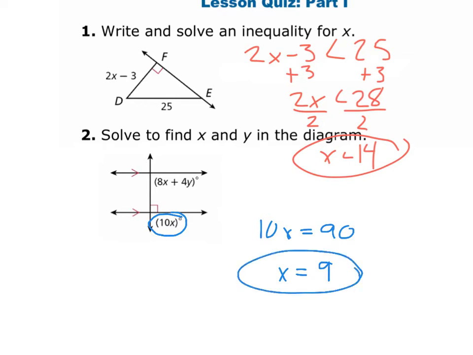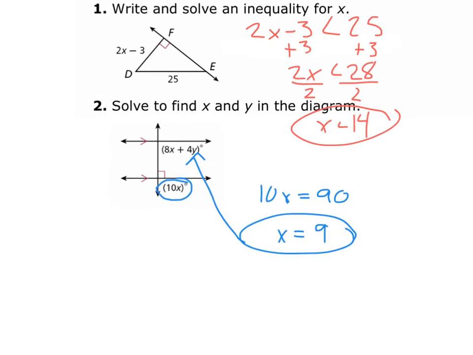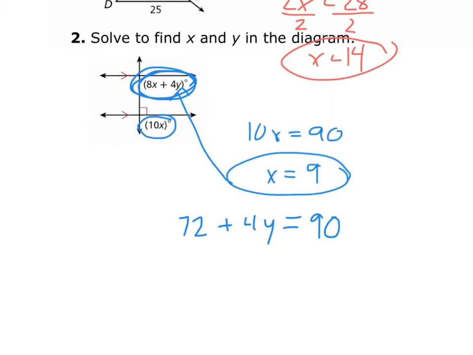So now we can take this x is equal to 9, plug it into this equation. That way we only have one variable. So what's 8 times 9? 72 plus 4y. So Sam, what do we know that this equation equals? It equals 10x, but what was the number that we can set this equal to? 90. So 72 plus 4y is equal to 90. So now we need to solve for y.